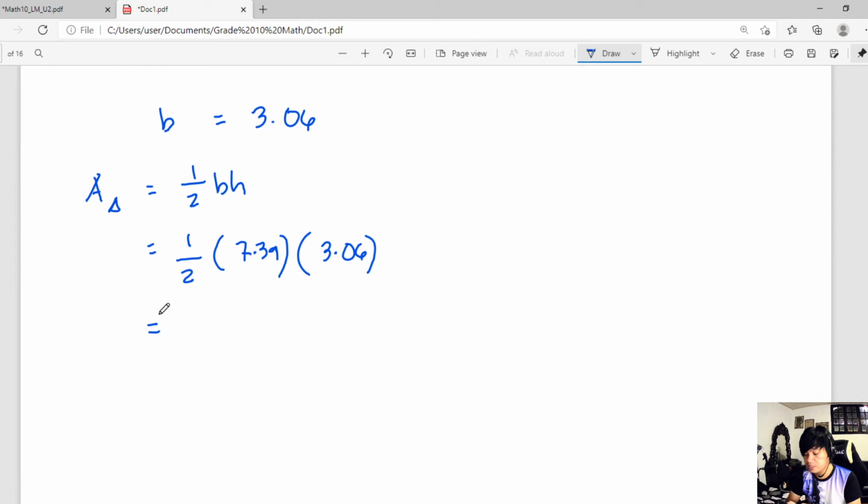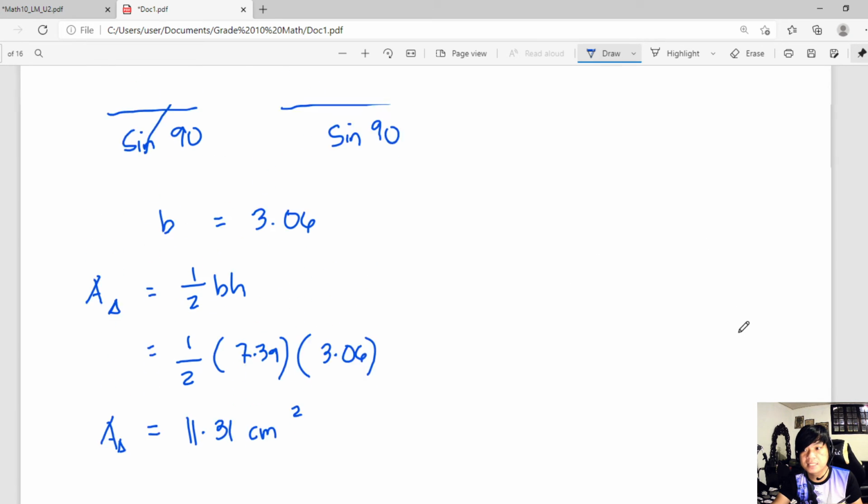It's 22.6134. Then let's take half of it. So the area of the triangle is 11.31 centimeters squared.